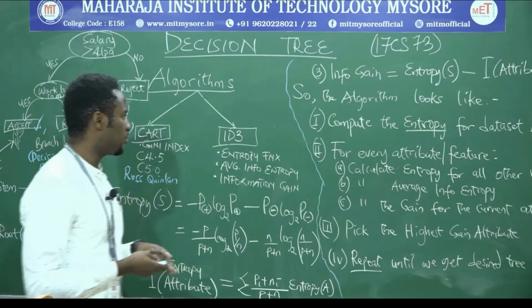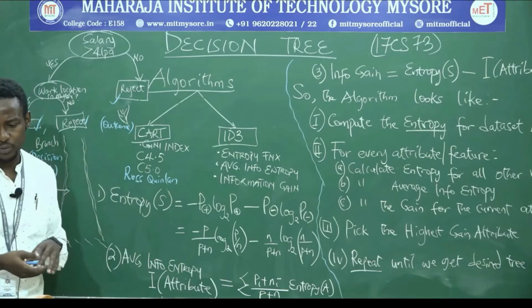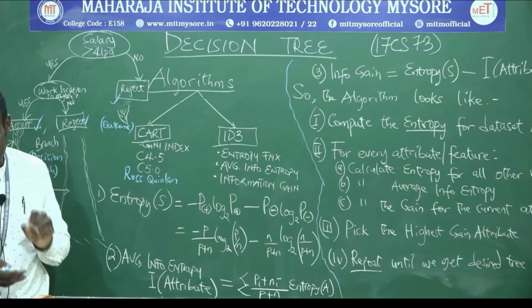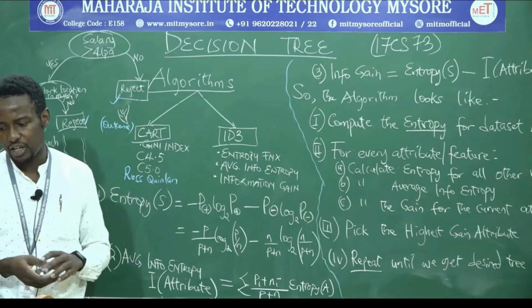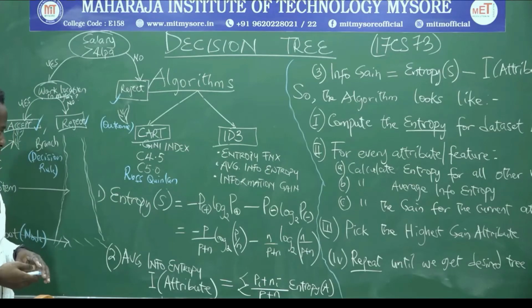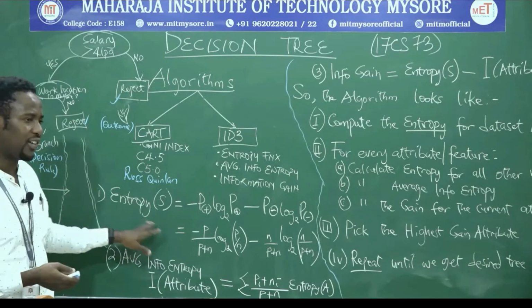So when we talk about entropy here, we are talking about how well the sample is represented. That we will compute by using a function. It's a very simple thing.